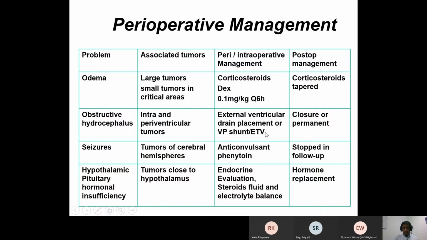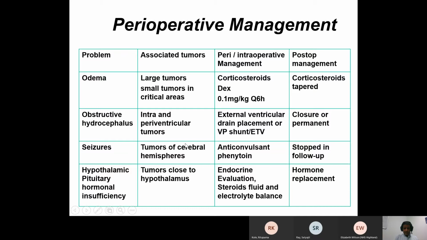This is an internal procedure. That means they put in an endoscope, open up the third ventricle and divert the CSF from the third ventricle to the undersurface of the brain. So it's not normal practice to do the VP shunt in the beginning. They do the EVD, which is shunting it out, because the risk of blocking and infection is quite high if you do a shunt at the onset. After the surgical procedures, you can either close them permanently or make it a permanent VP shunt if the child needs it.